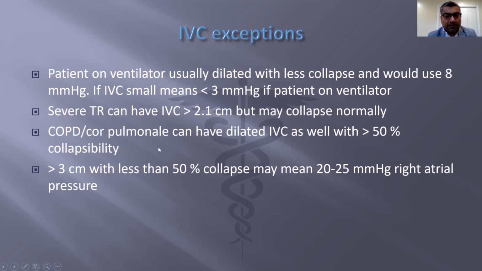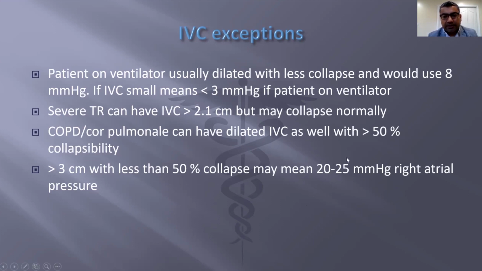The third one is COPD or chronic pulmonary disease, which can have a dilated IVC as well, but with more than 50% collapsibility. And one other thing is if the IVC is more than 3 centimeters with no collapse or less than 50% collapse, it may mean very high right atrial pressure, 20 to 25.